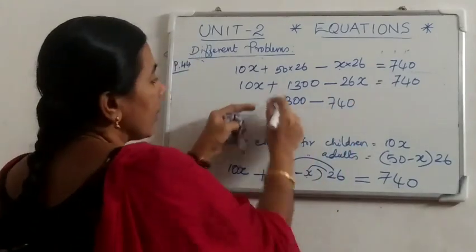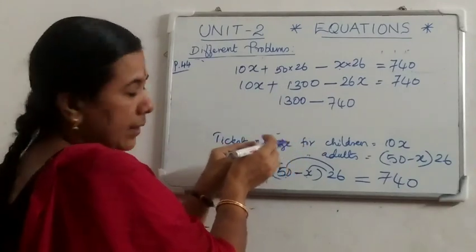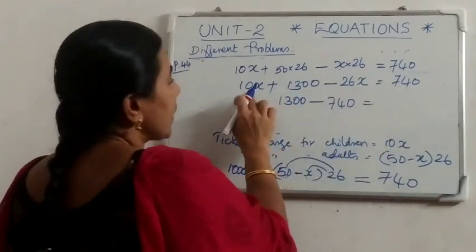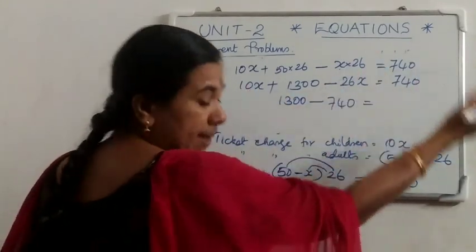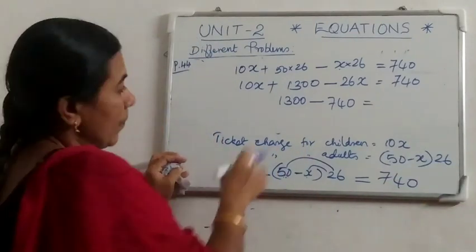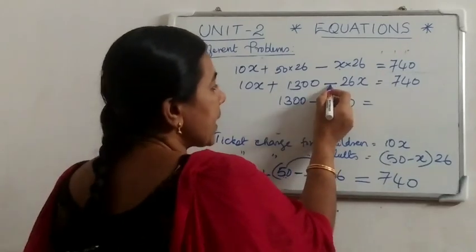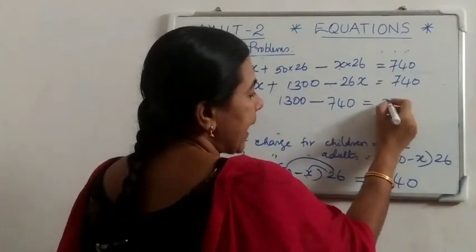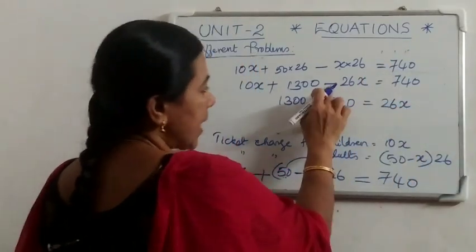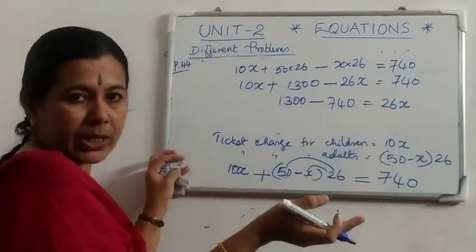Right? Then on this side numbers are there, and we want to transfer this 10x and minus 26x to the right side, where variables are there. Minus 26x goes to the right side as plus 26x. Subtraction becomes plus. Sign changed.